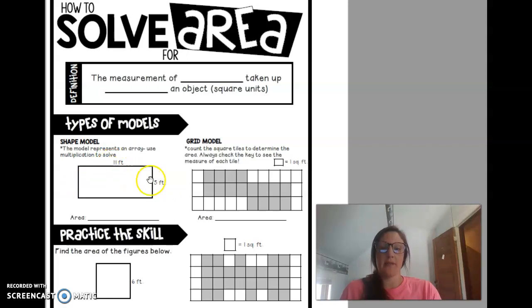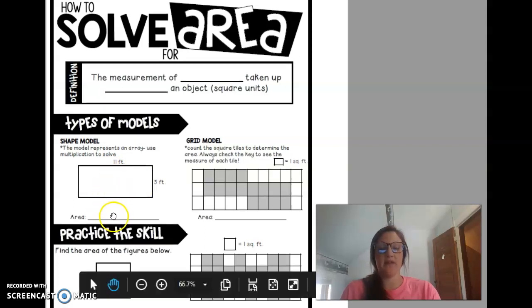So 1 times 5 is 5, and 1 times 5 is 5. If I keep that in the tens place and the other one in the ones place, that should give me 55 square feet.